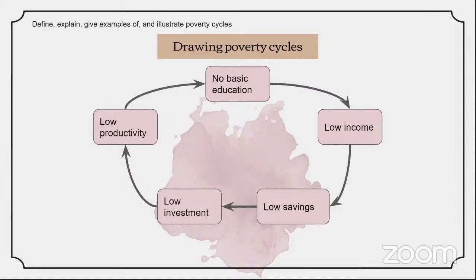The main point is that it must circle back to your first point. We must also be able to explain the cycle. If you just say low income leads to low savings, how does that correlate? Why does it happen? So for this poverty cycle, let's see how it happens.